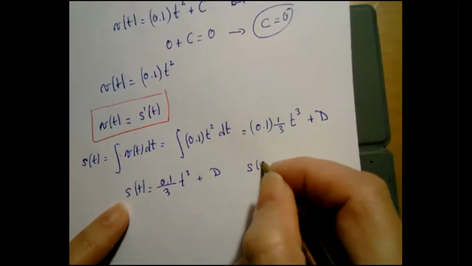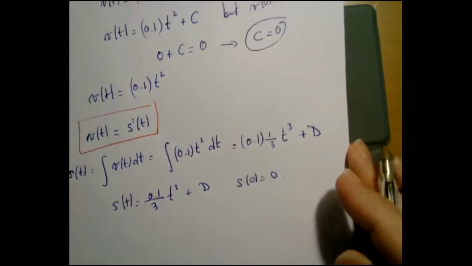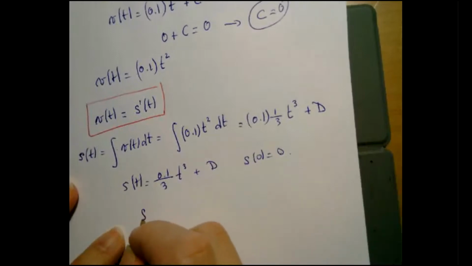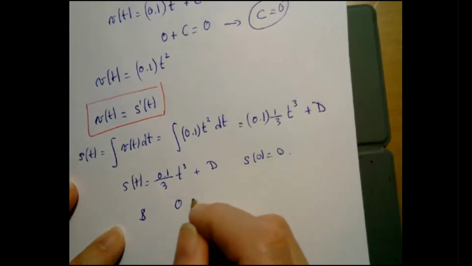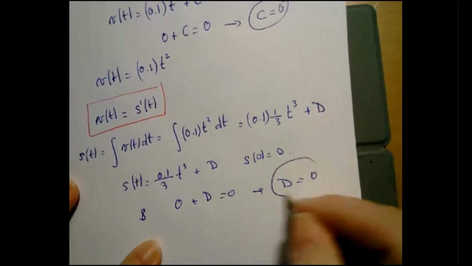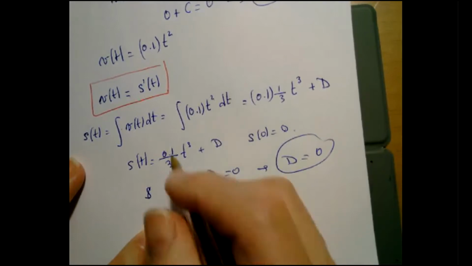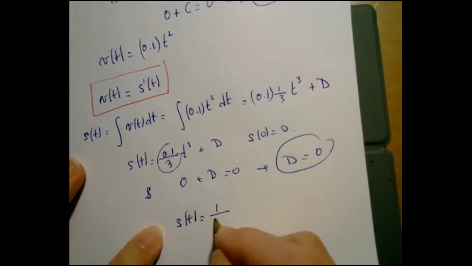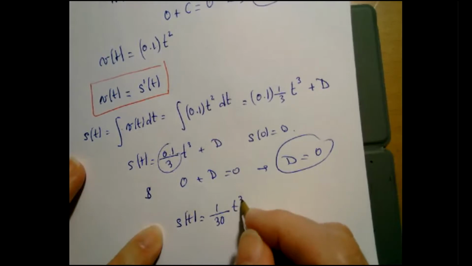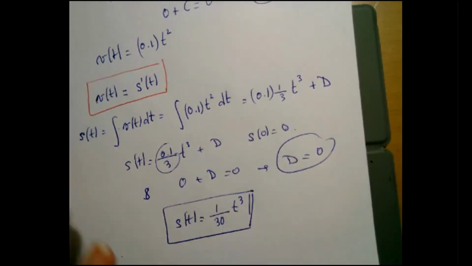Again, the initial condition: s of 0 equal to 0. So this gives me that 0 plus d is 0, d equal to 0. So the position is equal to 1 over 30 t to the power 3. And that's where the object is at every moment in time.